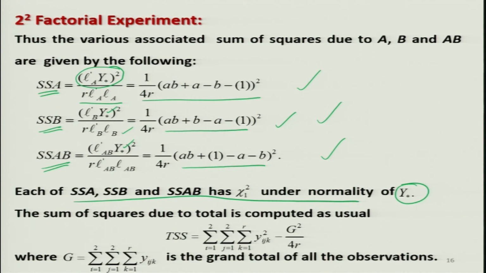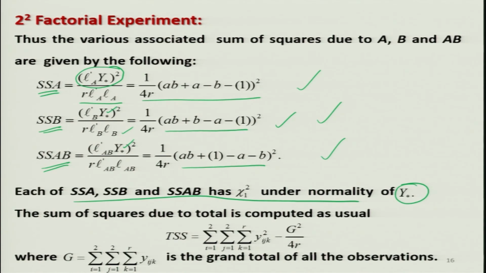You are trying to partition the sum of squares due to treatment that you considered in the case of RBD into 3 different components, SSA, SSB and SSAB. So you can write SS treatment is equal to the sum of squares due to A, B and AB. Right, I will try to show you.